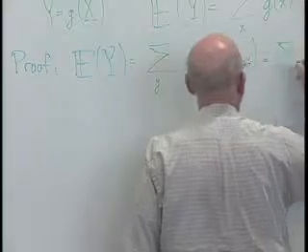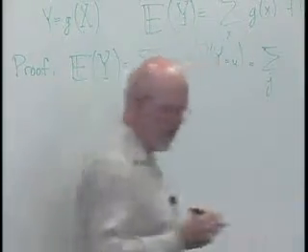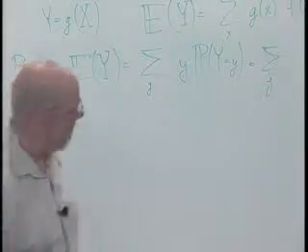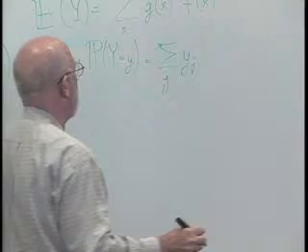And now another way to write this, consistent with the book's notation, is I will sum over all the different values of y. I'll call them y1, y2, and so on, represent them generically by yj.